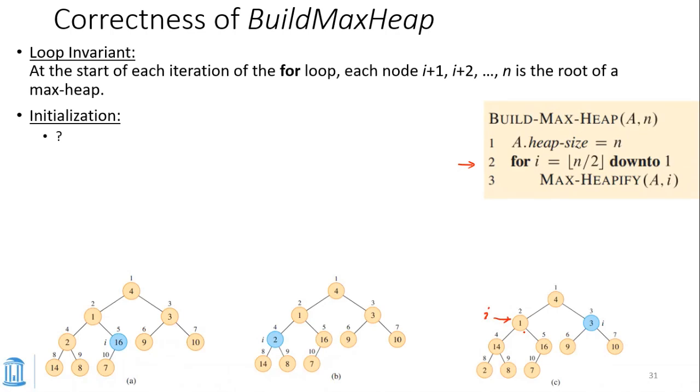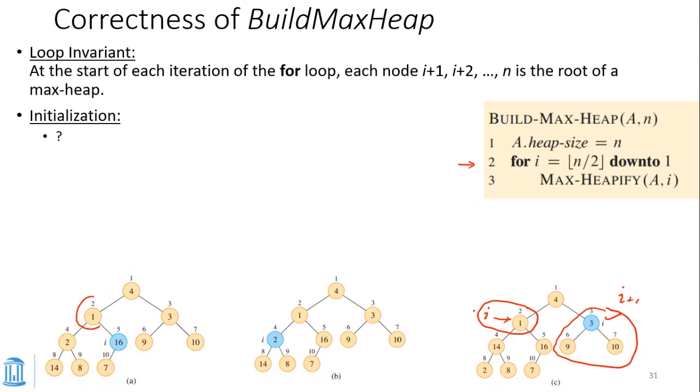I think Raj has said that you not only look at this particular node's children, but you've also done this, right? So you've already created a max heap at index I plus 1, or any index which is greater than I, a complete max heap.